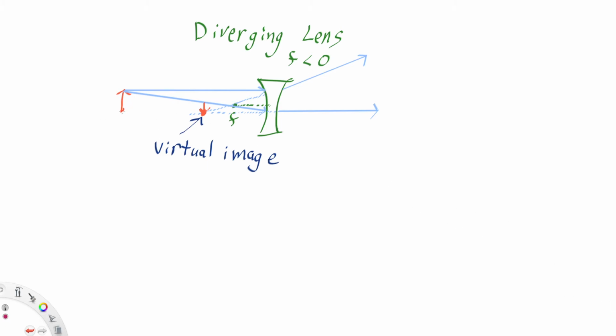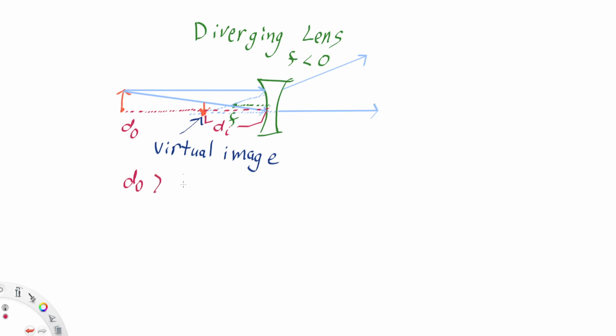We also use the same definitions of object distance and image distance, except the image, the quote-unquote image, is actually on the same side of the lens as the object.